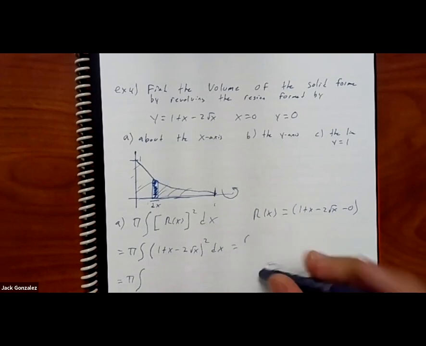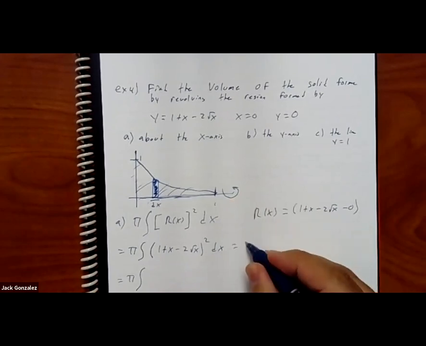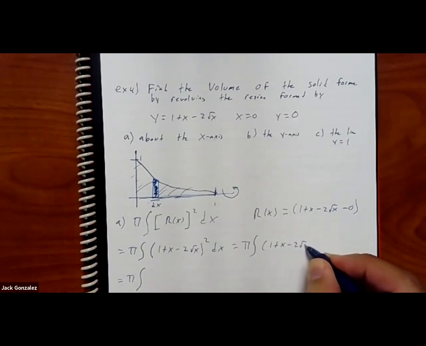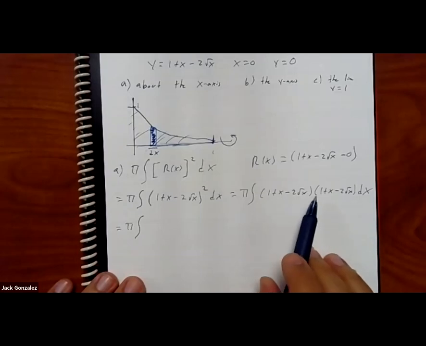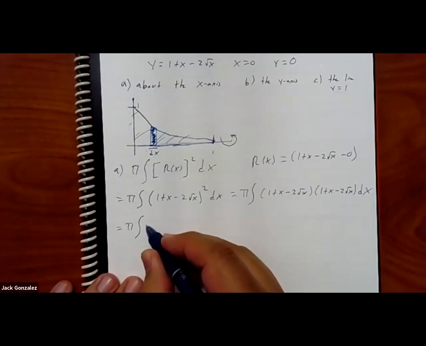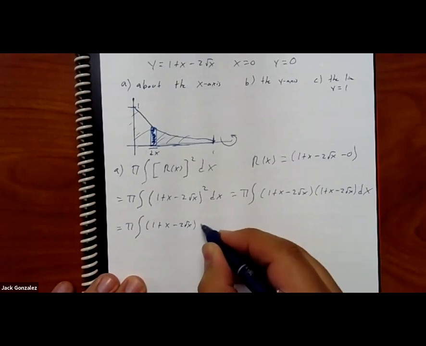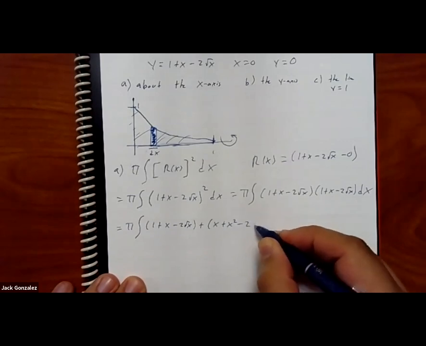Just to make this a little easier in my imagination, write it this way. So 1 times all these things. So the first pieces will be 1. I'm gonna put parentheses so I know that I multiplied the first piece. Plus then x times everything, that'll be x plus x squared minus 2x to the 3 halves.